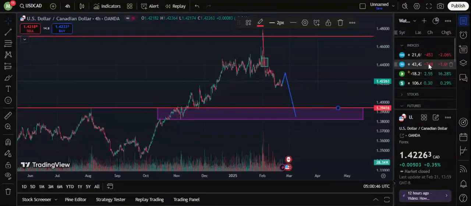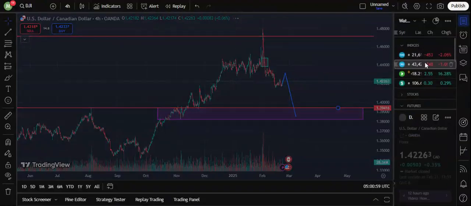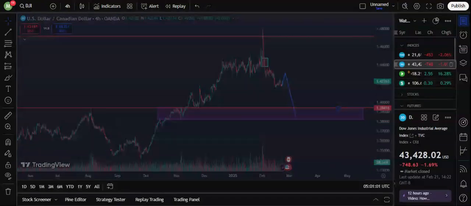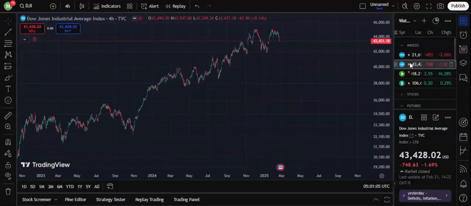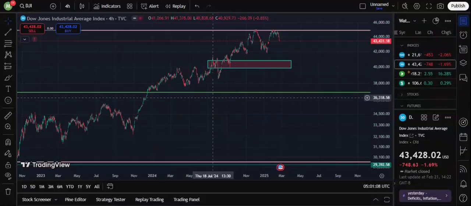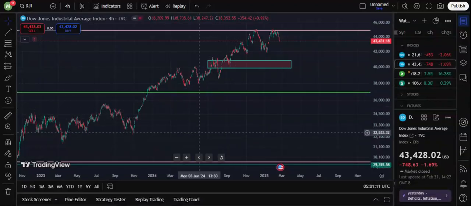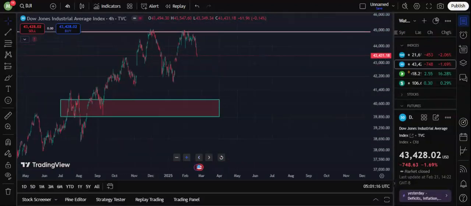Or let's look at US 30. Let's go on US 30. Let's go on the higher time frame.